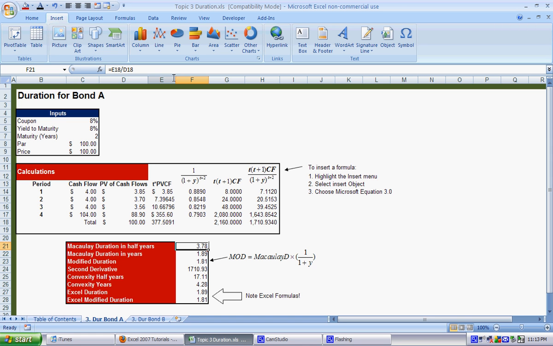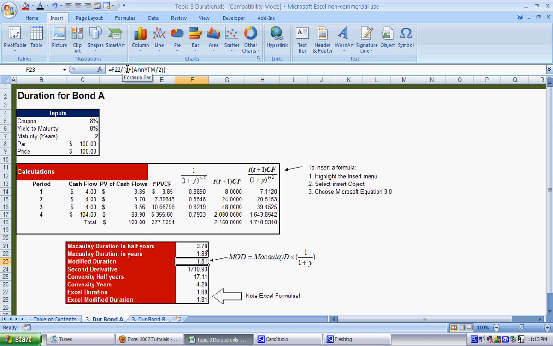So that's in half years because this is a semi-annual bond, and we had these 4 periods. But you might think that to get the duration for years you multiply by 2. That's false. You see this note here. It says remember to divide by 2 to convert duration to a yearly figure, not multiply by 2 like you do with yields. So here we have the Macaulay duration for the semi-annual periods, divided by 2 gives you the Macaulay duration for the entire year, or in years.